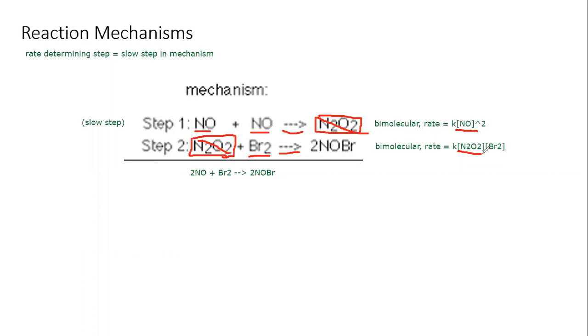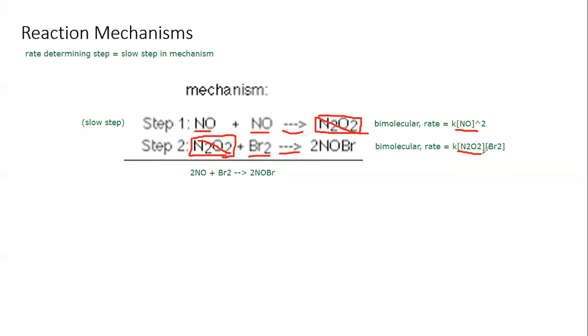And since both of these steps have arrows only pointing in one direction, if we assume step 2 was the rate determining step, then the rate law would be insufficient because we would have a reaction intermediate in the rate law. Therefore, step 1 should be the slow step for this mechanism to exist.